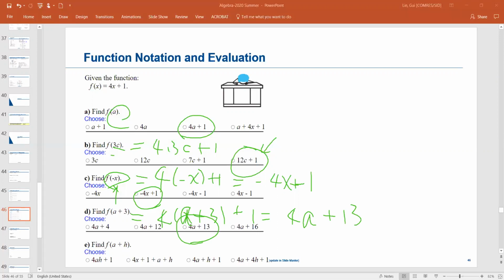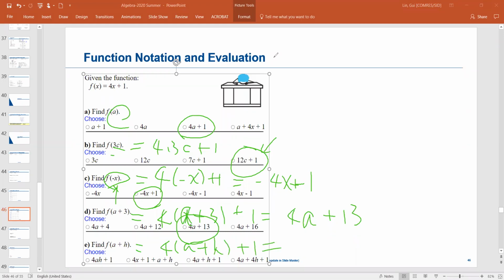All right. Okay, see this next. So x replace with the a plus h. A plus h. X replace a plus h. So equal 4a plus 4h plus 1. Right, so here is the answer.